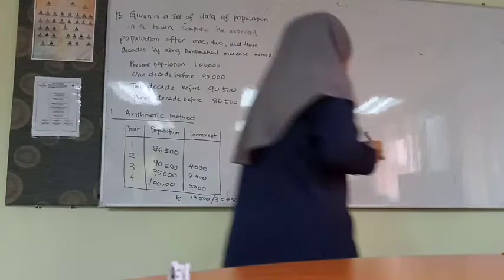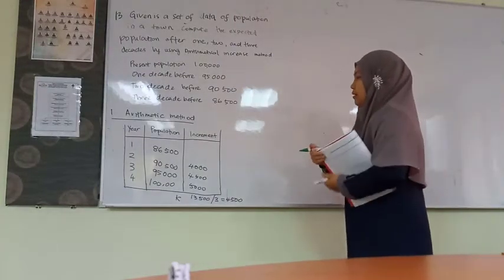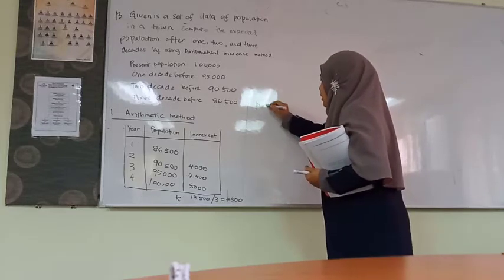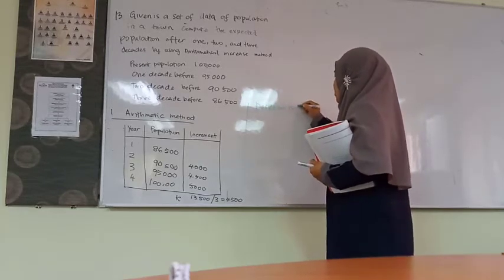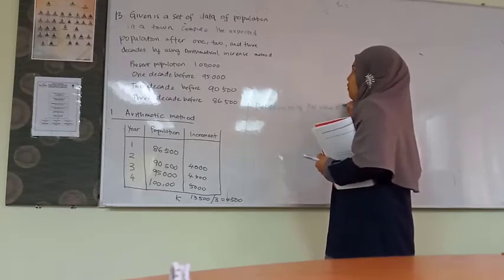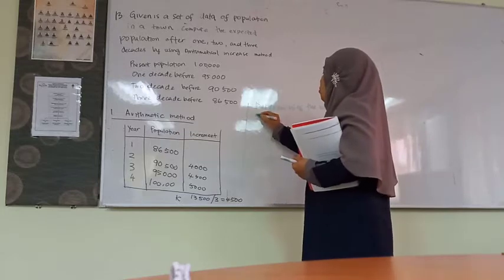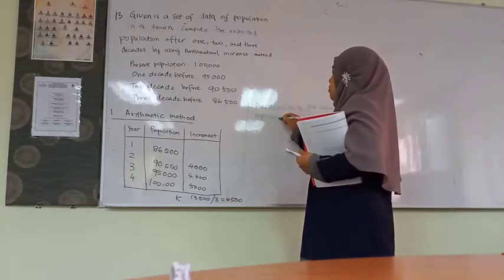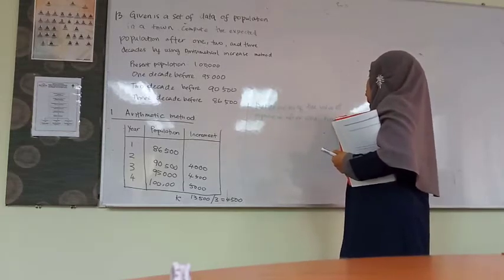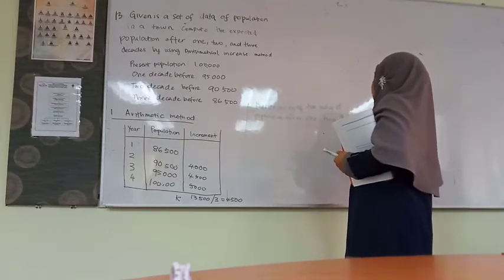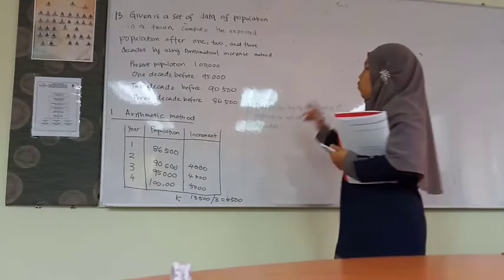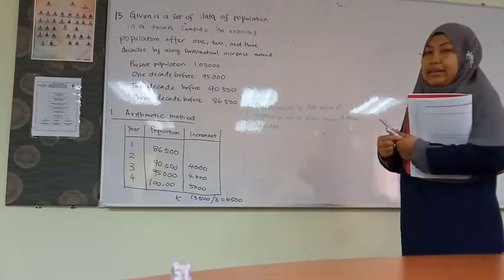Now we can do the next step, which is determining the value of population after 1, 2, and 3 decades. Please note that 1 decade is equal to 10 years.